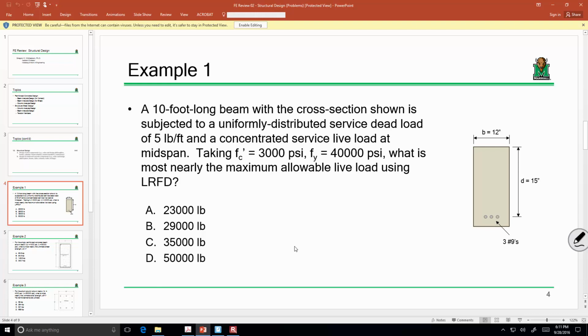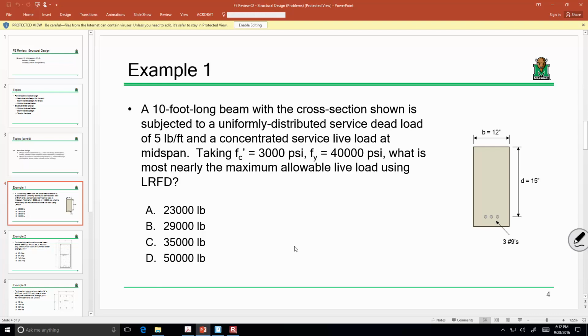Okay, so we're starting off with reinforced concrete design with our first problem. We've got a beam that's 10 foot long. It's got the cross-section shown, so it's a 12-inch wide beam. Remember, d is that effective depth. It's 15 inches. We've got 3 number 9 bars serving as tensile reinforcement. Now this beam is subjected to a uniformly distributed service dead load of 5 pounds per foot.